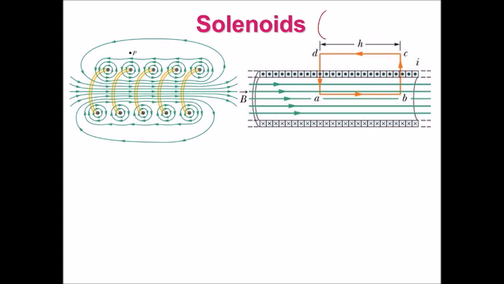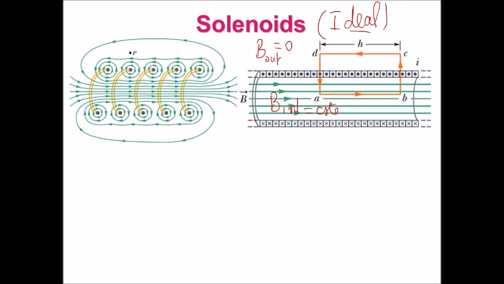Ideal solenoid: B outside is 0 and B inside is constant, uniform. So let's take a loop here, a square loop. That's an Amperian loop, and let's apply Ampere's law to this loop.